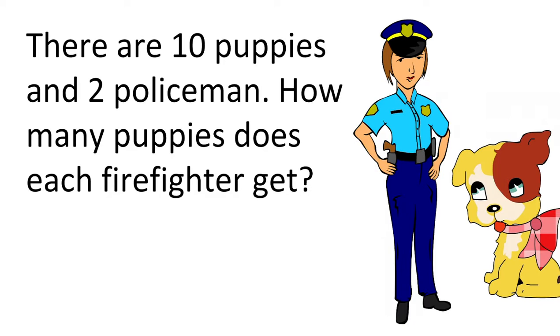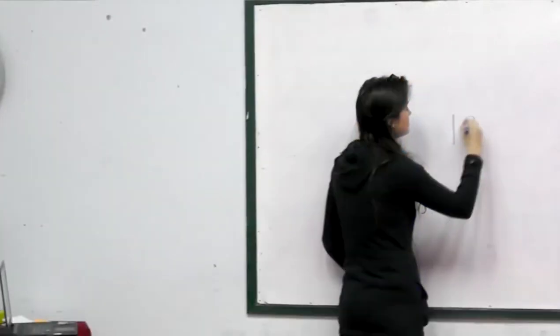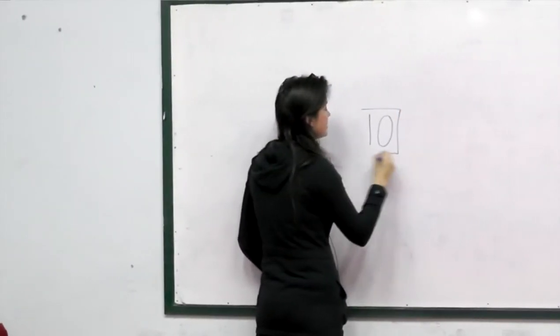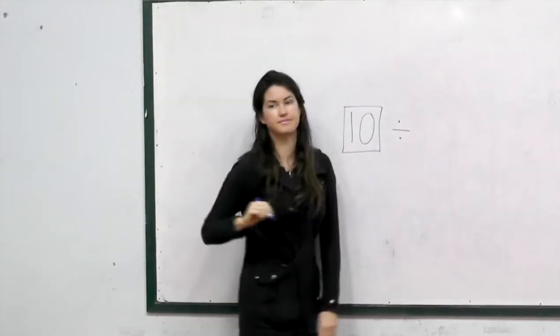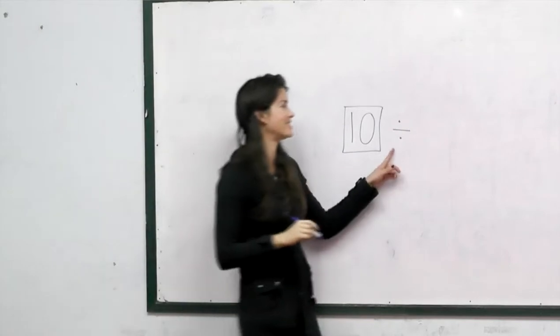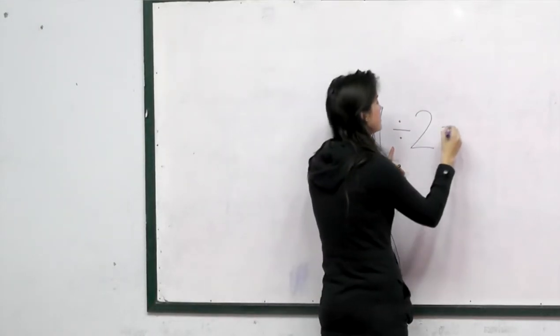How many puppies does each policeman get? What's our biggest number in that problem? 10. So our 10 is going to go first. It's our biggest number. What's the other number we see in that story? 2. So we're going to divide by 2.